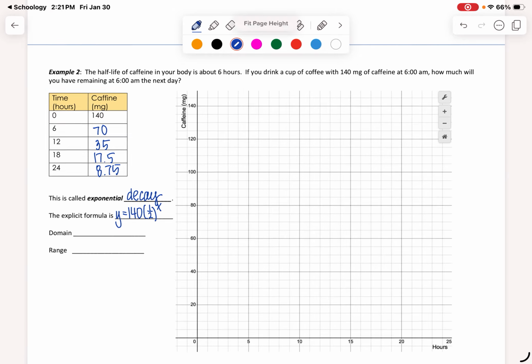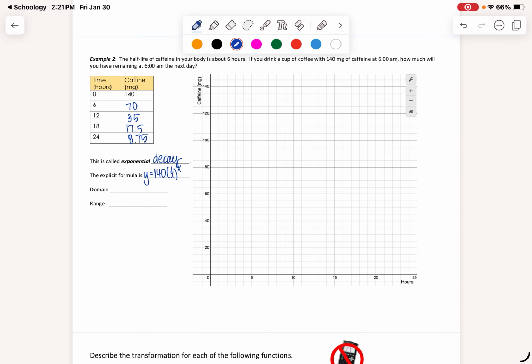All right, let's go ahead and graph it. So we have 0, 140, right there. And then 6, 70. So we're right there. 12, 35. No, that's 30, that's 35.